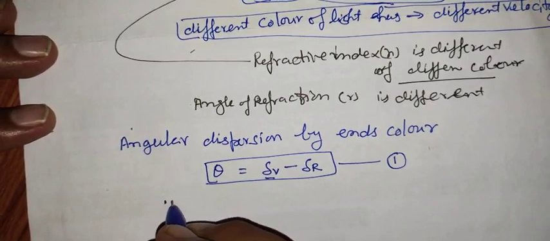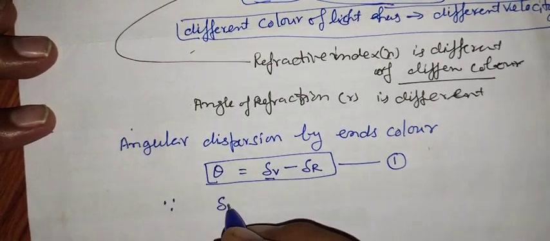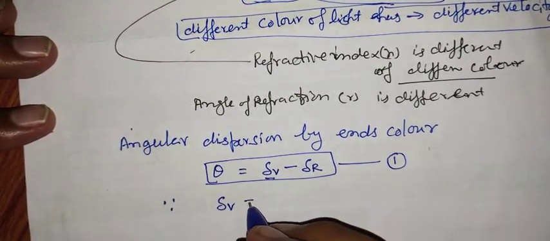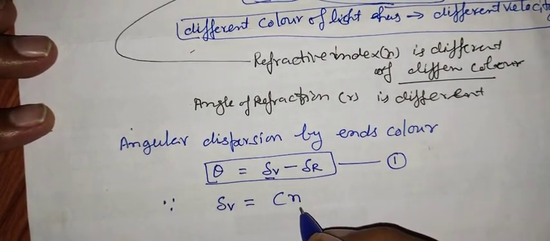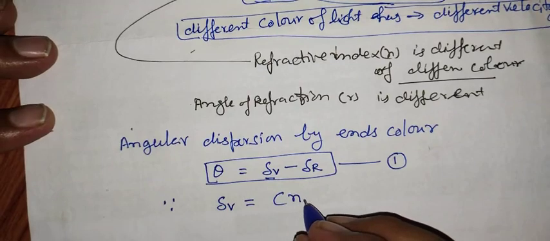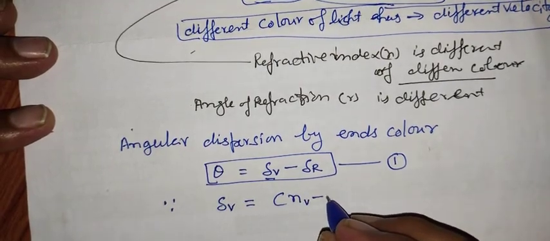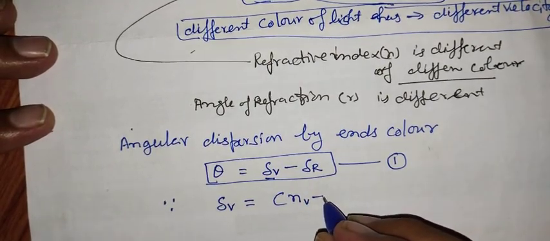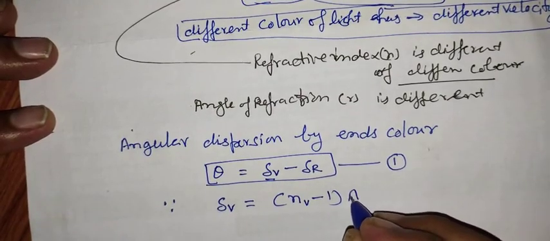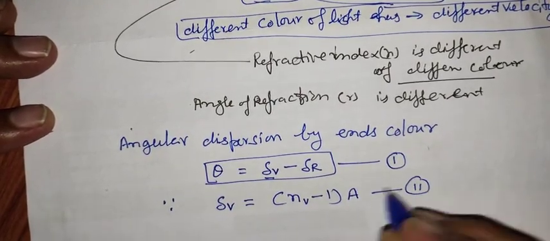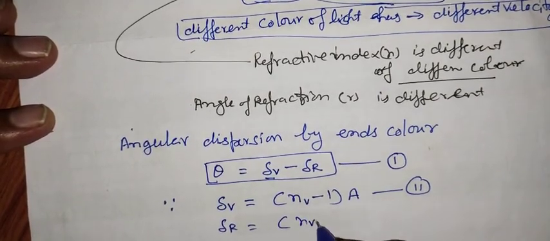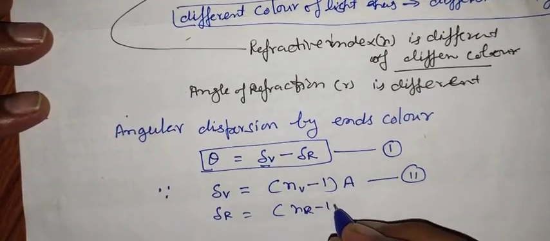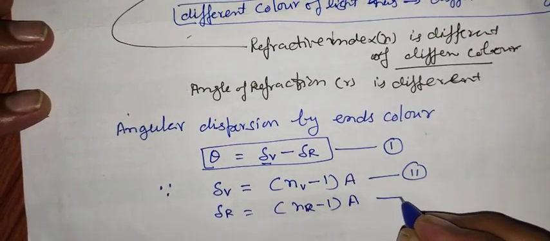Since we know that the angle of deviation for violet color will be refractive index for violet color minus 1 into angle of prism A, by equation 2, and for red, NR minus 1 into angle of prism.